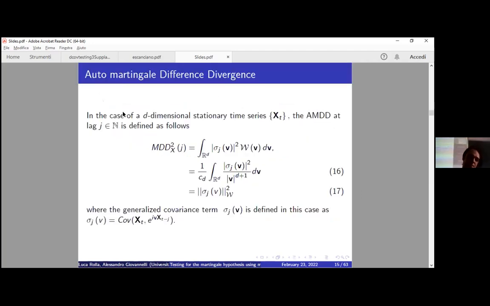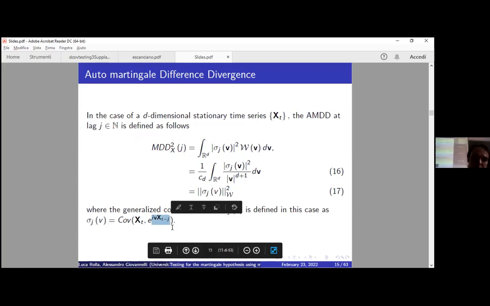Okay. Let us introduce similarly the concept of auto-martingale difference divergence. The definition is the same as before, but we are here computing, let's say, the generalized covariance between the variable xt and its lag xt minus j.